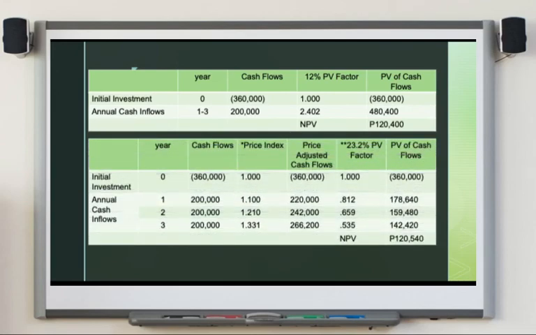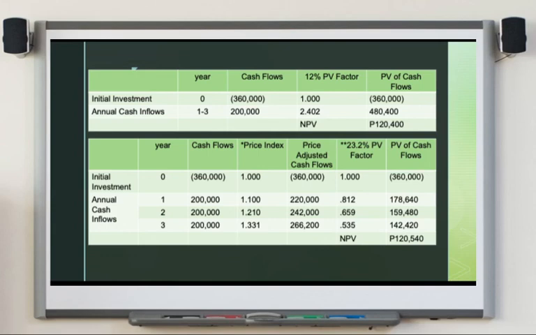Okay. So we cannot use the 200,000 right away to be multiplied by the present value factor because there is an inflation rate that needs to be incorporated in the annual cash inflow.